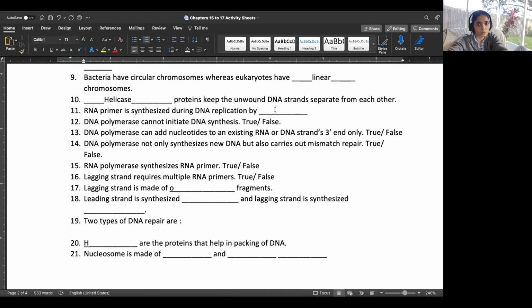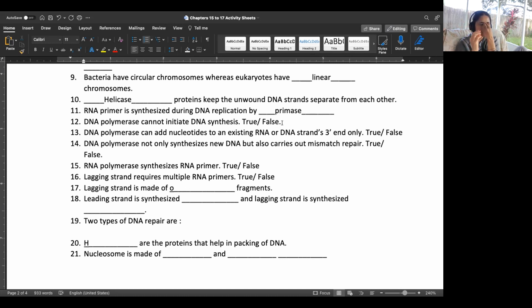No. RNA primer is synthesized during DNA replication by primase.